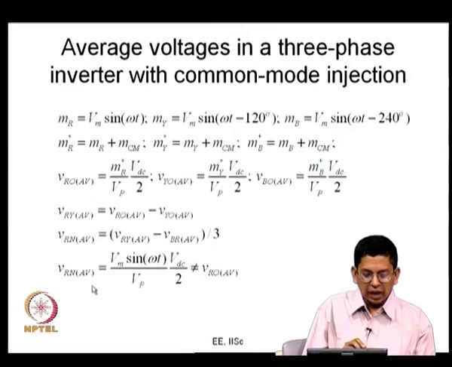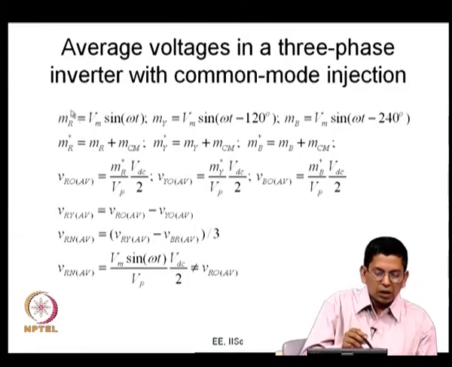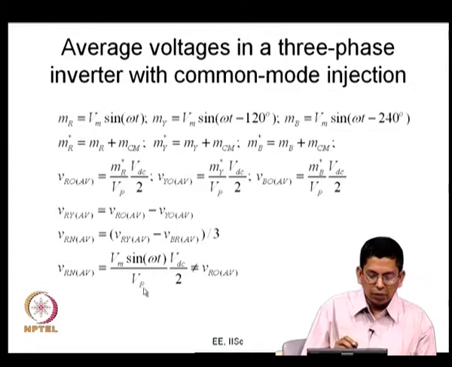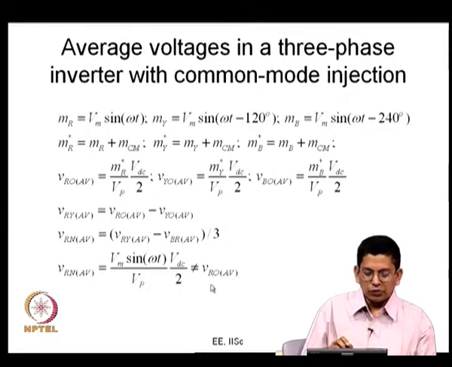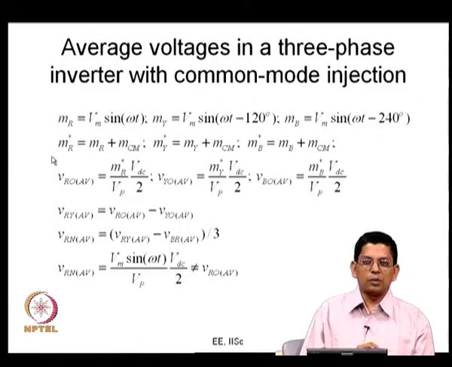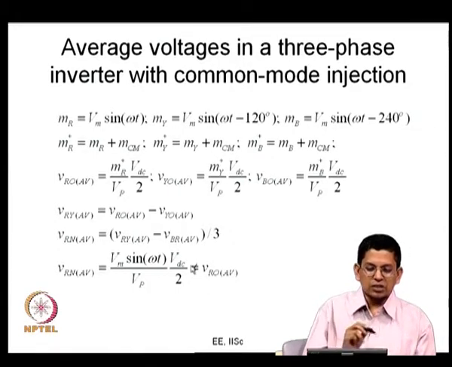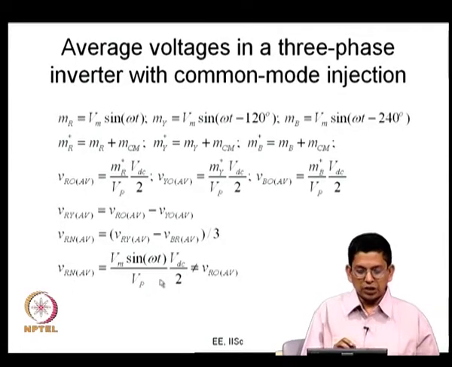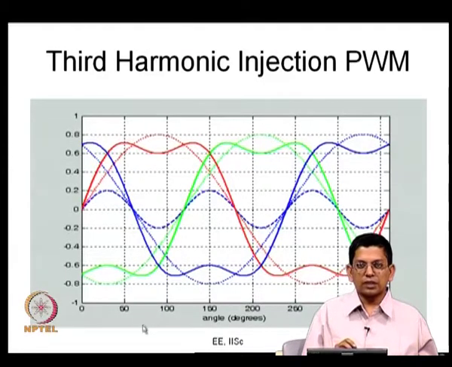VRN average is actually equal to MR divided by Vp into Vdc by 2, whereas VRO average is MR star into Vdc by 2 Vp, and MR star is non-sinusoidal. VRO average is non-sinusoidal, whereas VRN average is sinusoidal now.